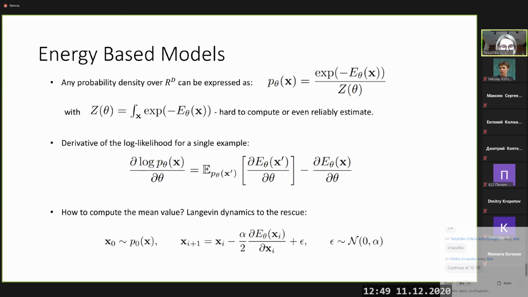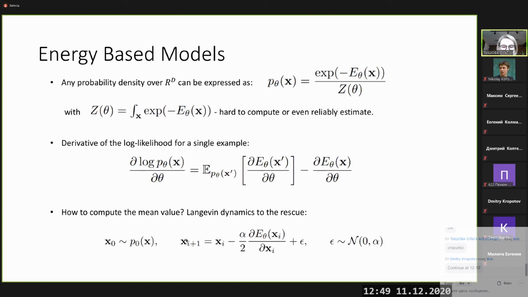More specifically, we use Langevin dynamics in order to sample from some distribution, and afterwards we just compute the mean over the samples. The Langevin dynamics scheme has the following structure. First, we sample some initial value of x from some distribution, and after that we iteratively update the value of x through the following formula.